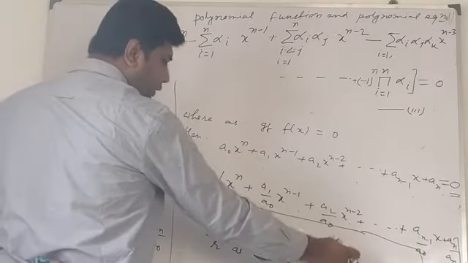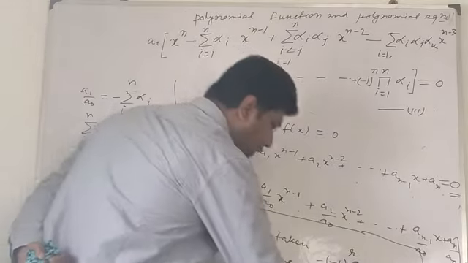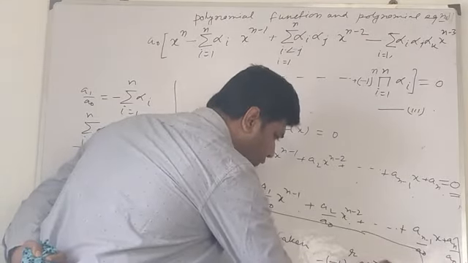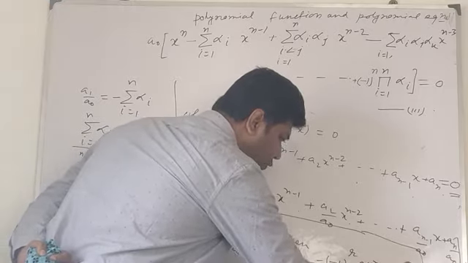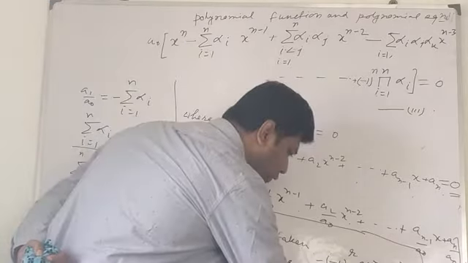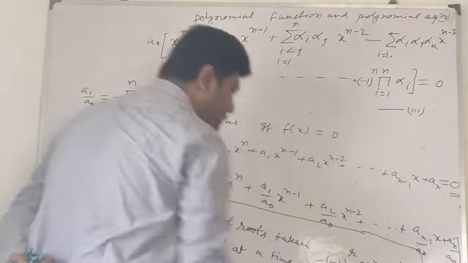If r is 1, it will be minus. If r is 2, it will be plus. Into coefficient of x to the power n minus r divided by coefficient of x to the power n.